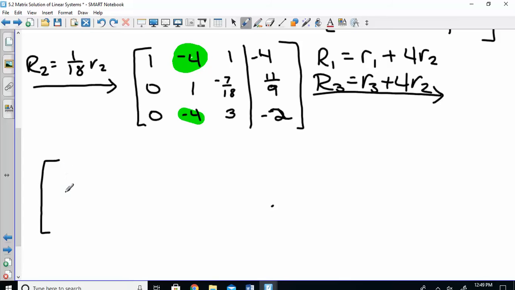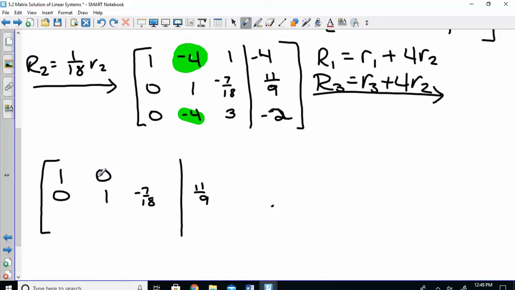Alright. So row 2 is not changing. This might be a good one to pick up your calculator and use it to help you along. You have 1 plus 4 times 0, which is still 1.